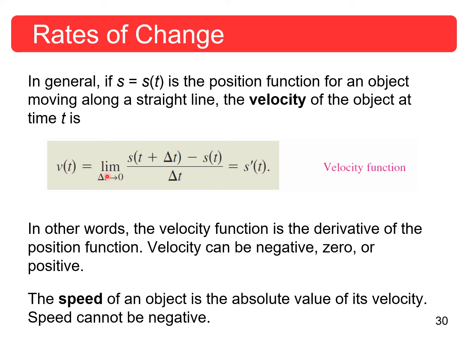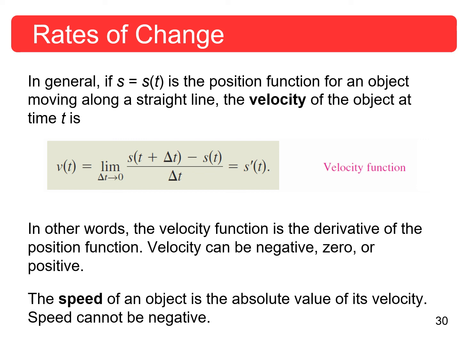That is just the limit of s of t plus delta t minus s of t over delta t as delta t approaches 0. This looks familiar. This is just the definition of the derivative of s with respect to t. So the velocity function is just the derivative of the position function.